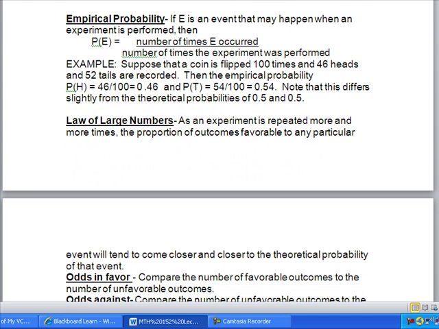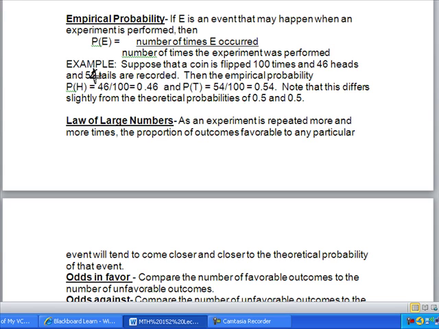All right, an empirical probability. If event E is an event that may happen when an experiment is performed, then the probability of E equals the number of times E occurred divided by the number of times the experiment was performed. So suppose that a coin is flipped 100 times and that 46 heads, and this should be 54, I have a typo, 54 tails are recorded.